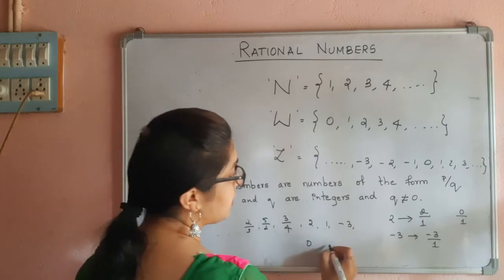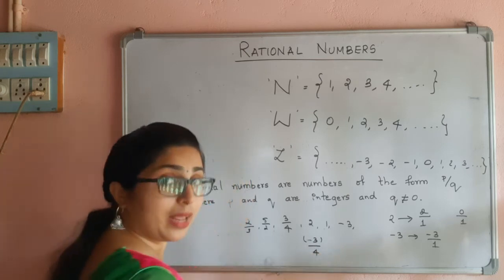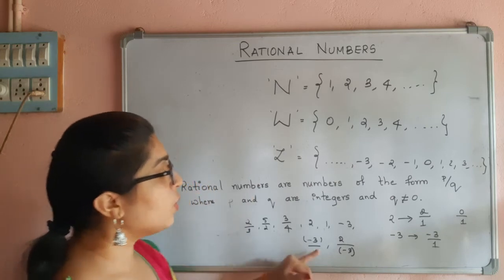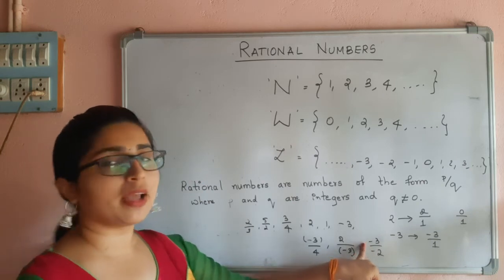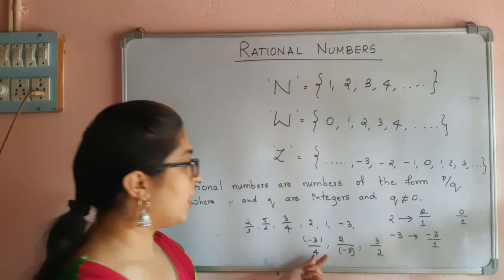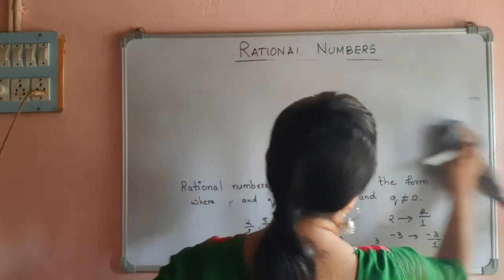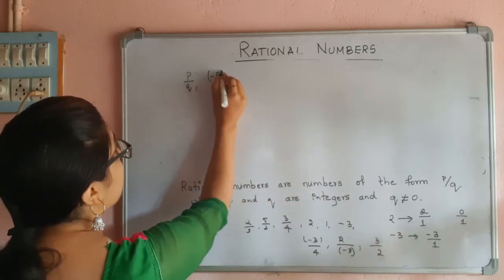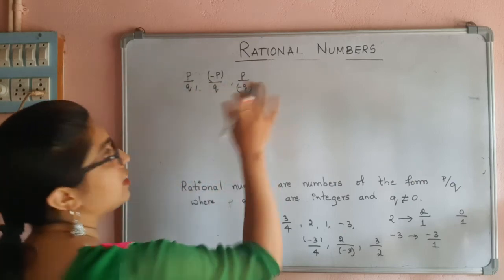So you can also consider negative integers like -3 divided by 4, 2 divided by -3. Okay, and if I take both minuses, like -3 divided by -2, minus and minus get cancelled, right? So that becomes 3 by 2. So we can also have -p divided by q, p divided by -q.